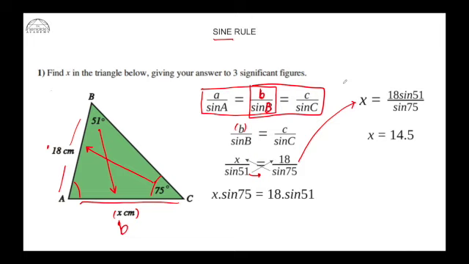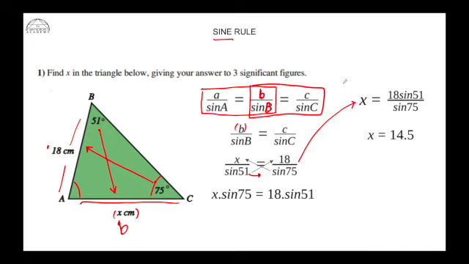But once you're not dealing with a right angle triangle, well then guess what? Sine, cos, tan not going to work. Pythagoras not going to work. So once you are not dealing with a right angle triangle, the sine and cosine rule will work for all other triangles. So does everybody understand how to use the sine and cosine rule?